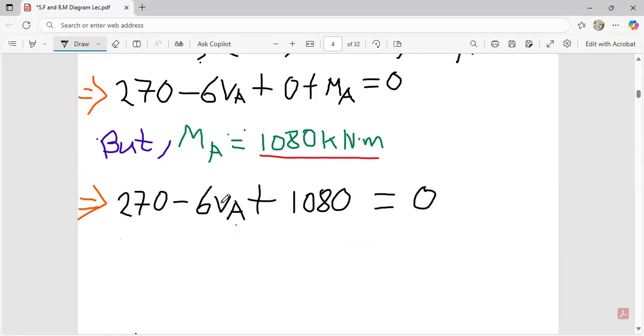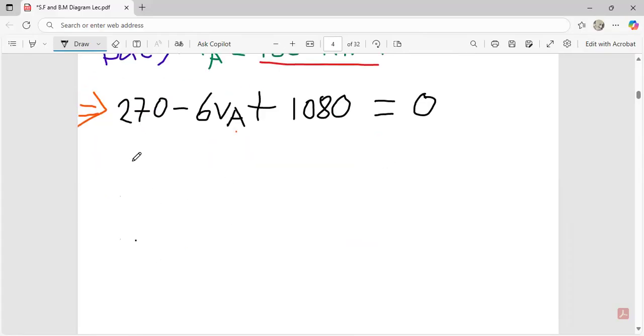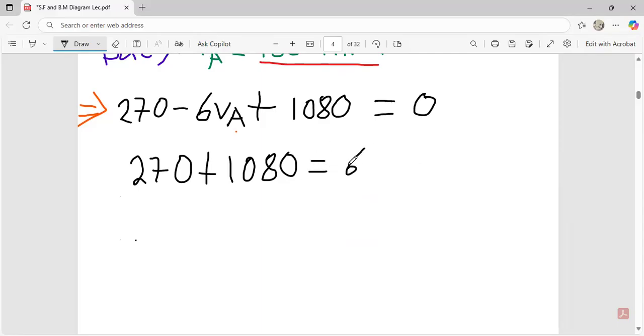We realize that this minus 6VA is negative, so let's rather move the minus 6VA to the right-hand side so that these can be here and maintain their signs. Okay. So we have 270 plus 1080 is equal to 6VA.